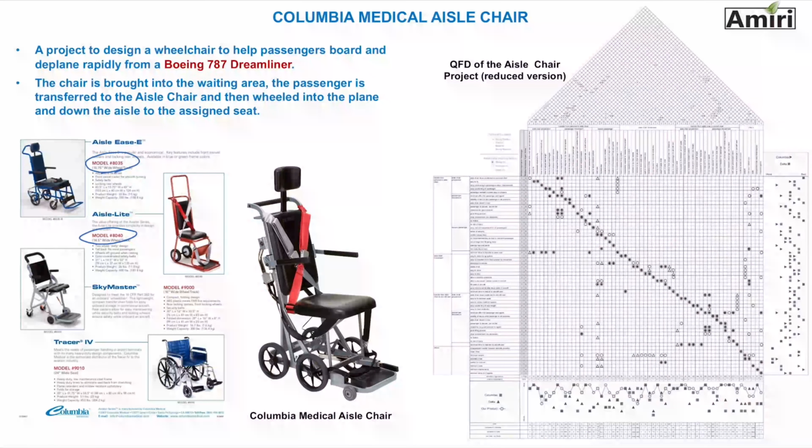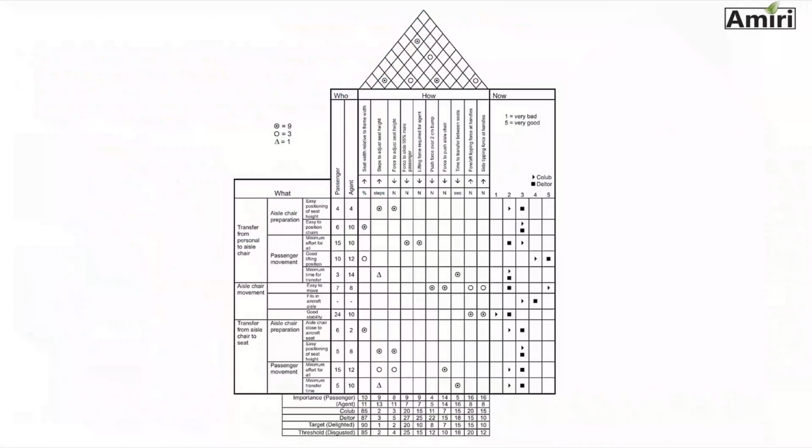I have a simplified version of this QFD to use for the purpose of this lecture. It's the same QFD, simplified to focus on only a few items in each room of this house, so we can go through the lecture.